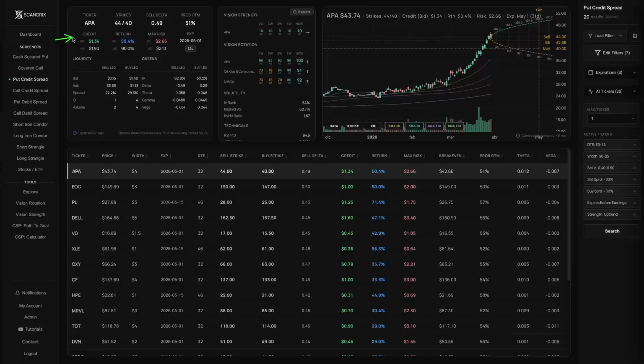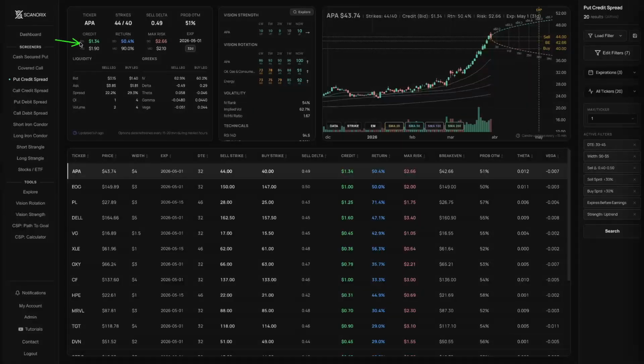Here it is very important to understand, since we are selecting contracts that have a relatively low bid-ask spread, we are told in the worst-case scenario you could trade it at 1.34. In the scenario where you can trade it at the mid-price, which is usually what we look for with put credit spreads, you can negotiate to get paid 1.90.